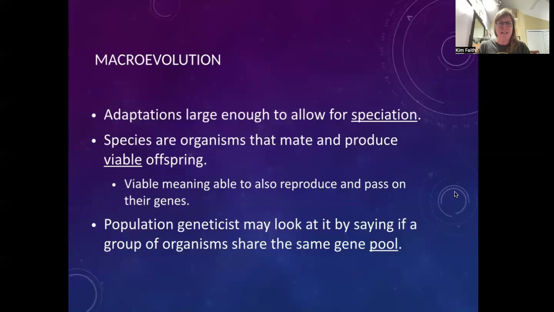So population geneticists may look at it by asking whether the group of organisms share the same gene pool. Sometimes we may say, okay, yes, I could theoretically take a deer from McHenry and a deer from Grayslake and cross them and get babies, and they're perfectly fine. But in reality, because of us, we have divided those populations up.